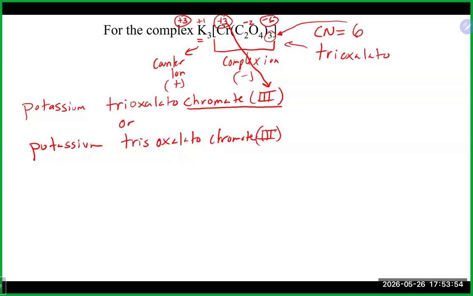So oxalate is a common one where they like to use that other prefix rather than tri. For oxalate, I'll take either one, to be honest with you, but you will sometimes see the tris used in this particular case. Any questions on that one there?